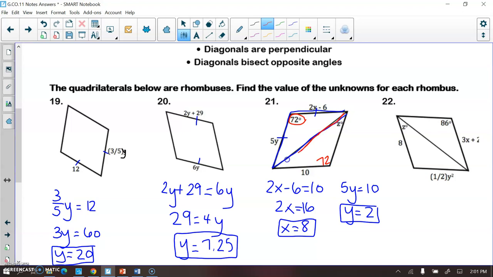And this is also an isosceles triangle because, again, all four sides are congruent. Base angles of isosceles triangles are congruent, so these two angles would be congruent. So if I do 180 minus that 72 degree angle, and then I divide by 2, I wind up with what angle Z is, which is 54 degrees.